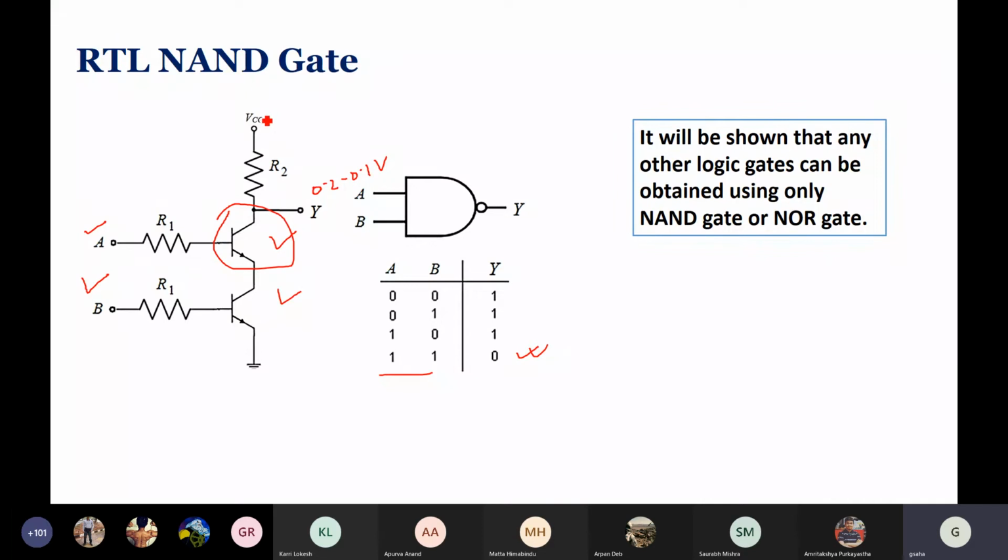Then whatever is the VCC comes here. If there is any load connected, the load current multiplied by R2 will be the drop subtracted from VCC, but that is sufficiently large to treat as a logic high. So if any one of them or both are 0, the output is 1. Okay, and this gives you a NOR logic. Is it fine?